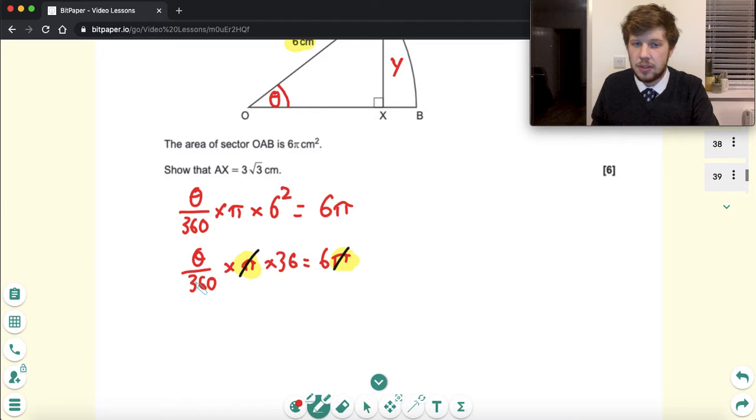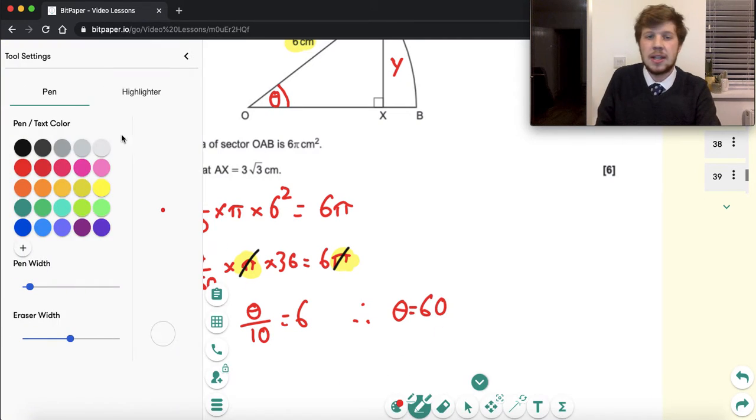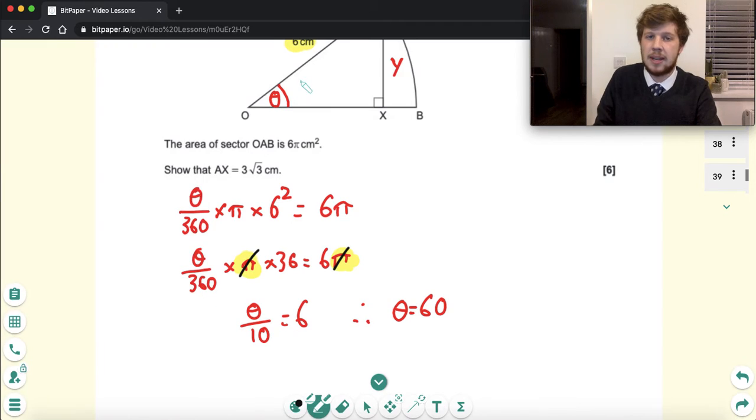The next thing to note is that 360 and 36, if I do that division, 36 divided by 360, that's going to leave me with 1 over 10. So on the left hand side, I end up with just theta over 10, and that's going to be equal to 6. So rearranging, I get theta equals 60. I'm just going to put that into my actual diagram now, that this is equal to 60.